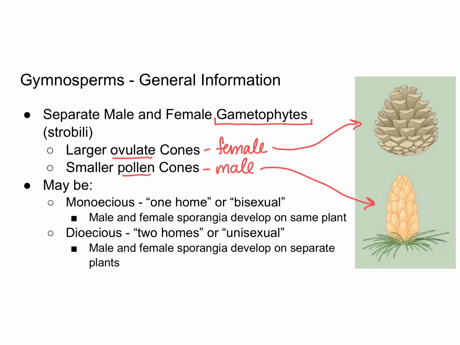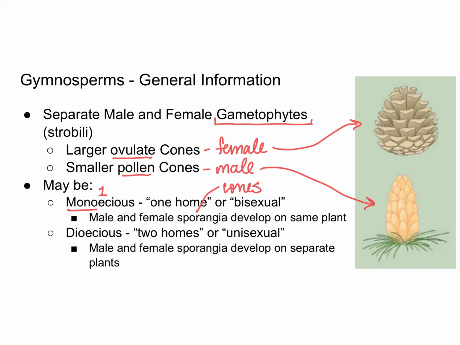A gymnosperm may be monoecious or dioecious. Mono means one. And so monoecious means one home or bisexual. And what happens is that the male and female sporangia, and the sporangia are just those cones that we talked about, are going to be on the same plant.